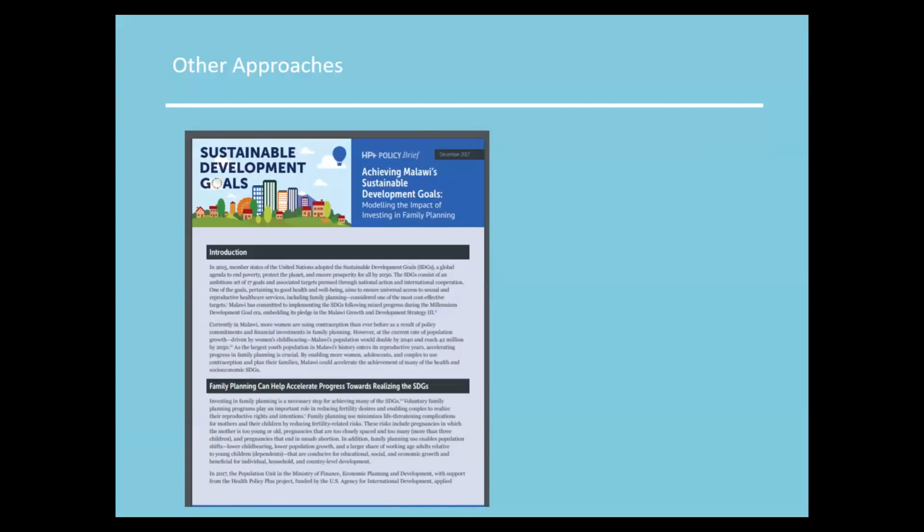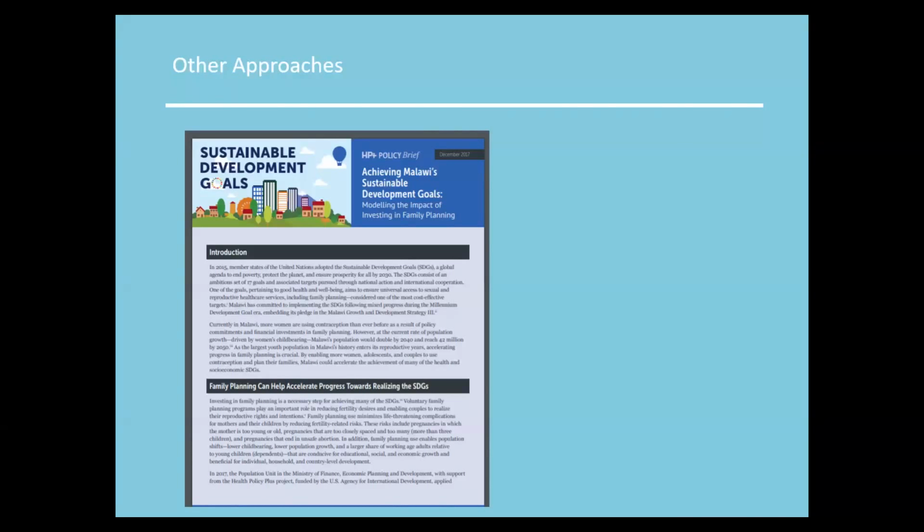So I hope that you will have noticed that many of the benefits of family planning that have been voiced over the last several years, particularly now with the Sustainable Development Goals, aren't actually measured in the prior studies on cost-benefit analysis.